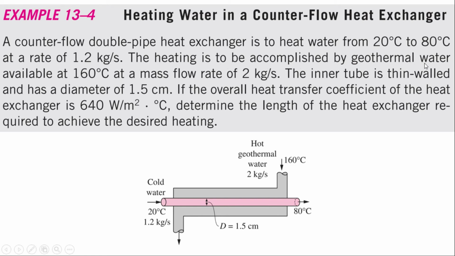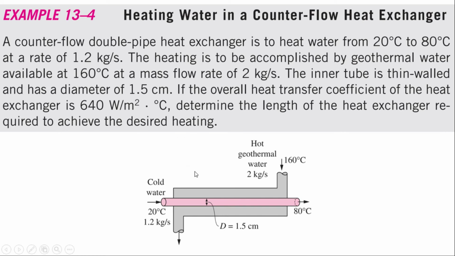So we have another stream of hot water, which is available at 160 degrees centigrade with a mass flow rate of 2 kilogram per second. The inner tube of the double pipe heat exchanger is thin walled and has a diameter of 1.5 centimeter. The overall heat transfer coefficient of the heat exchanger is given as 640 watt per meter square per degree centigrade. So determine the length of the heat exchanger required to achieve the desired heating.